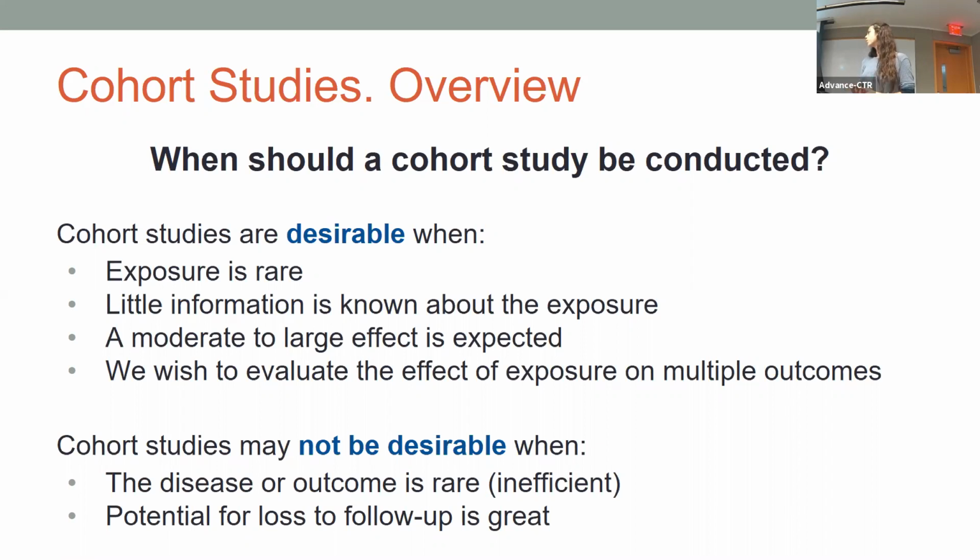Cohort studies don't work well when the disease or outcome is rare, because they're inefficient, since many of the people who are exposed won't actually develop the disease. They also don't work well when the potential for loss to follow-up is significant, because many of your study population might drop out, and that's going to impact your results.